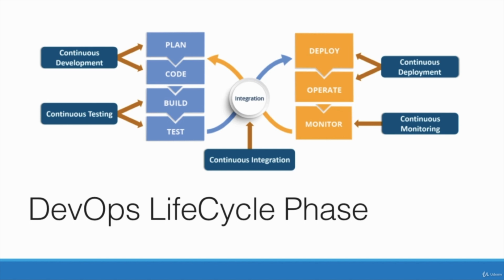It's called continuous integration, and the deployment and operating part comes in continuous deployment, and the monitoring part comes in continuous monitoring. After the monitoring, we find some bugs and it again goes to continuous development. So this is an infinite loop where we are building a product and incorporating new features in every sprint. So we will discuss continuous development in detail.